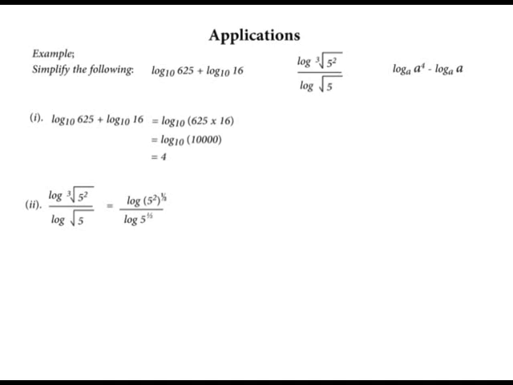Completing that, we shall have log 5 raised to power 2 over 3 over log 5 raised to power half. Using rule 1, this is equal to 2 over 3 log 5 over a half log 5. We cancel log 5. We remain with 2 over 3 over 1 over 2, which is equal to 4 over 3.